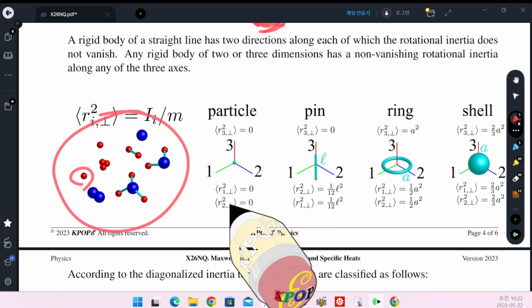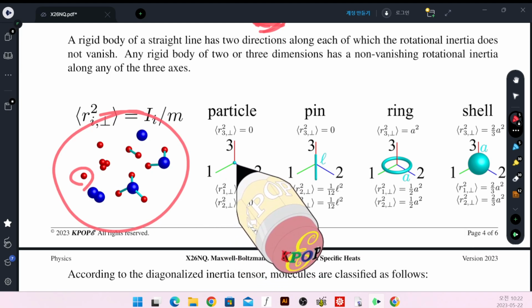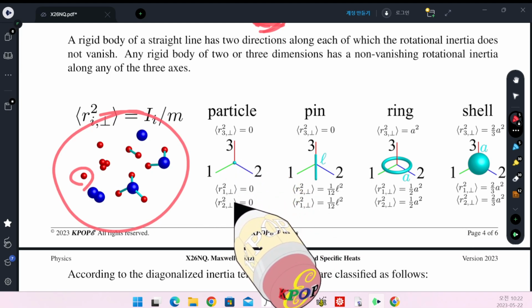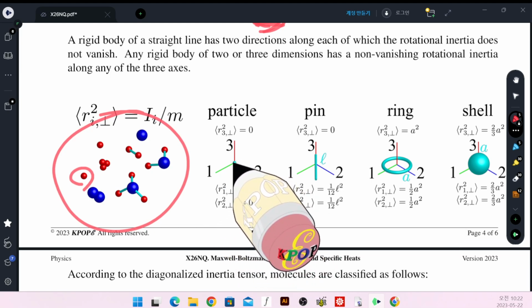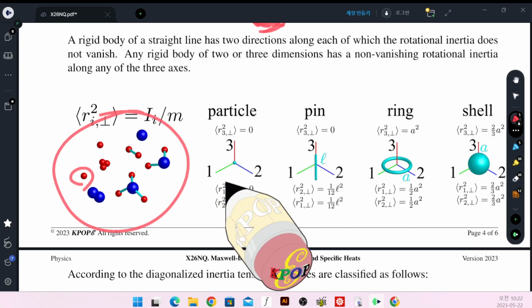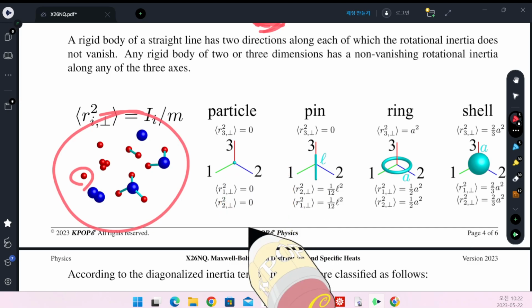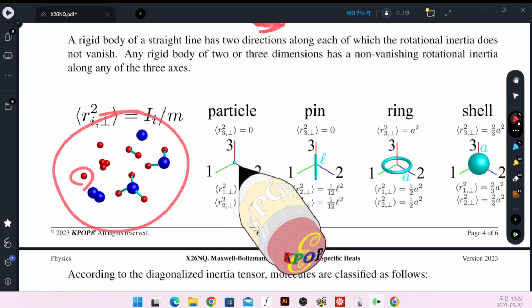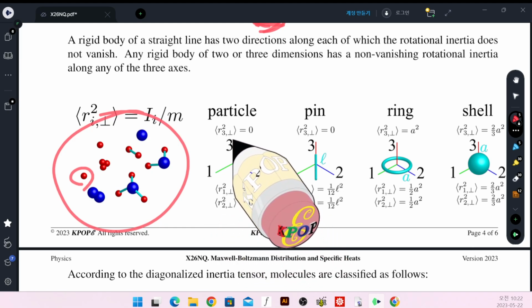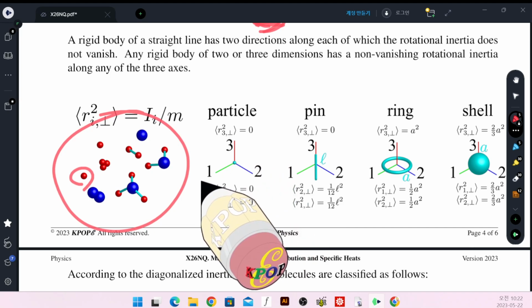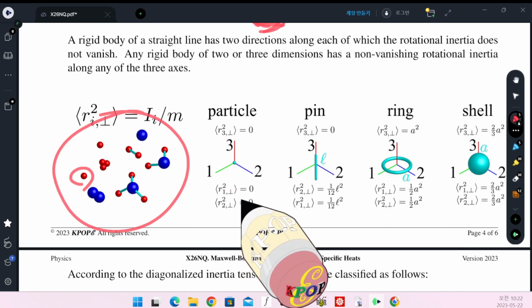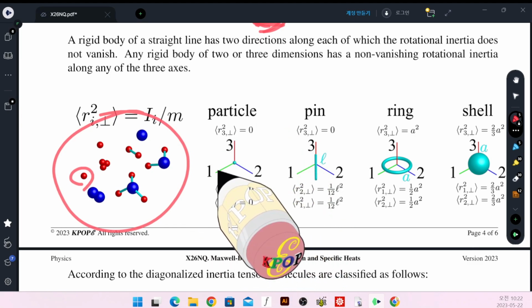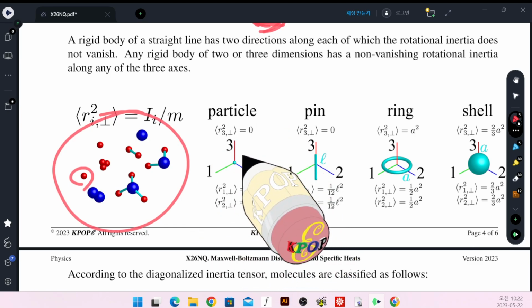In that case, there is no way to have a non-zero value for this radius squared average. That means there is no rotational inertia about any Cartesian axis. So this results in I equals 0 along any Cartesian axis.